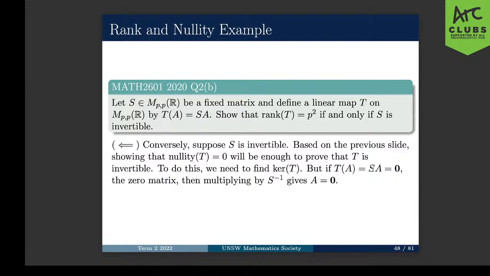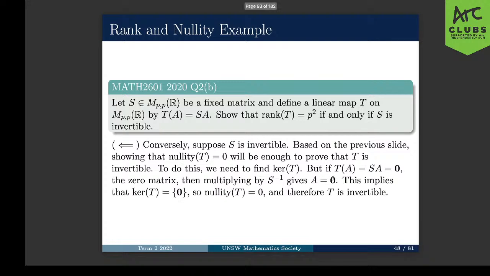But if we have that, since we assume that S is invertible, multiplying by S inverse gives us A equals the 0 matrix. And what this means is that because the choice of A in the kernel was very arbitrary, it doesn't matter what we choose, it's always going to be the 0 matrix, which implies that the 0 matrix is the only thing in the kernel.